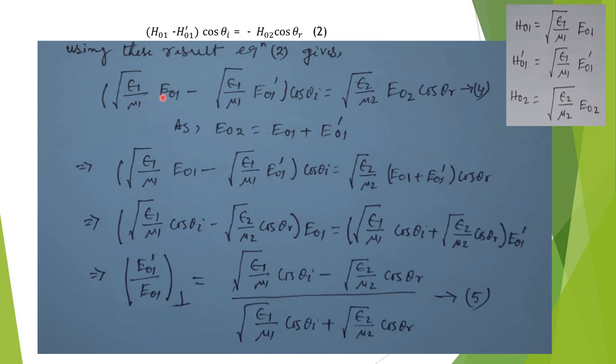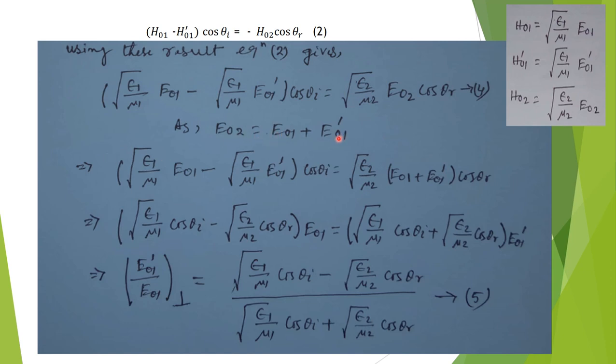We find that h01 is equal to root epsilon 1 mu1 e01, and root epsilon 1 mu1 e01 minus h dash 01 is equal to root epsilon 1 mu1 e dash 01 whole cos theta I, which is equal to root epsilon 2 mu2 e02 cos theta. This is equation number 4.